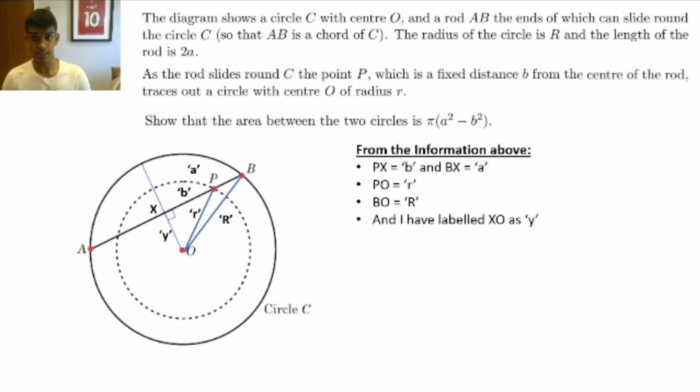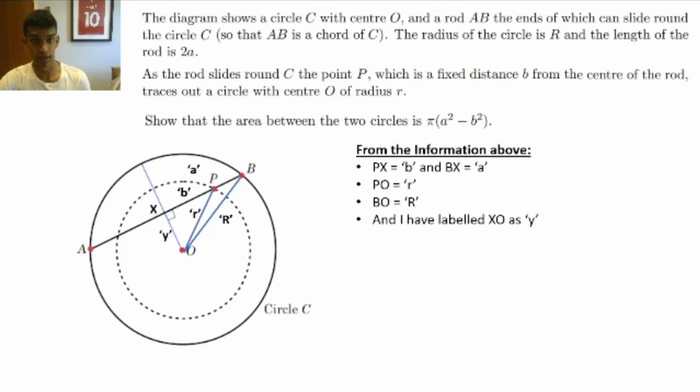Firstly, I'm going to try and take as much information from the text from above as possible. From the information above, we've established that PX, so from P to the centre of the rod, is equal to B, and BX is equal to A. It's not explicitly said why BX is equal to A, but I can explain it quickly now.